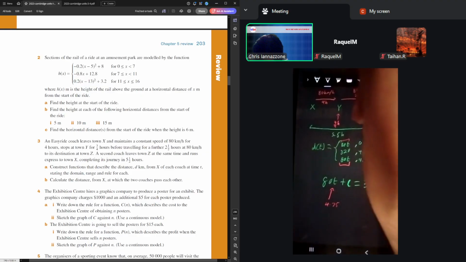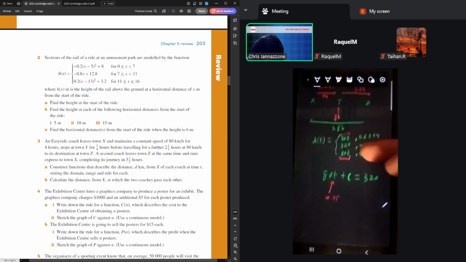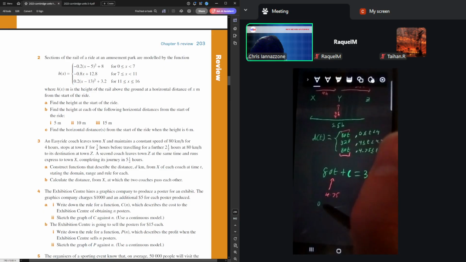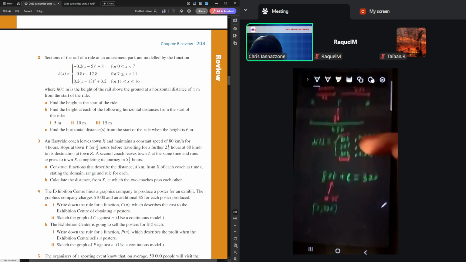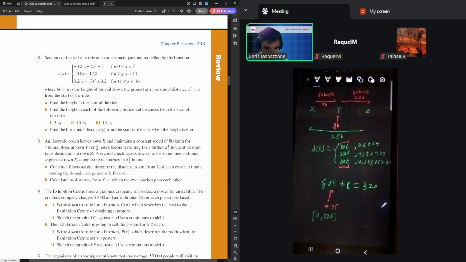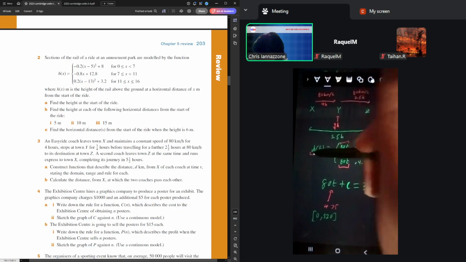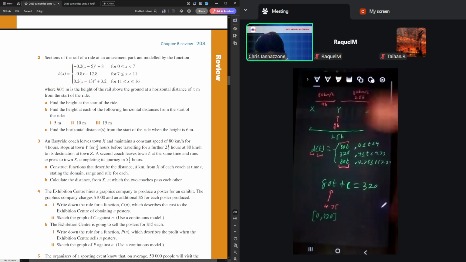What does that actually mean in terms of the scenario? Like, we got 0 to 520, but what are the units involved? Think about our function d of t.